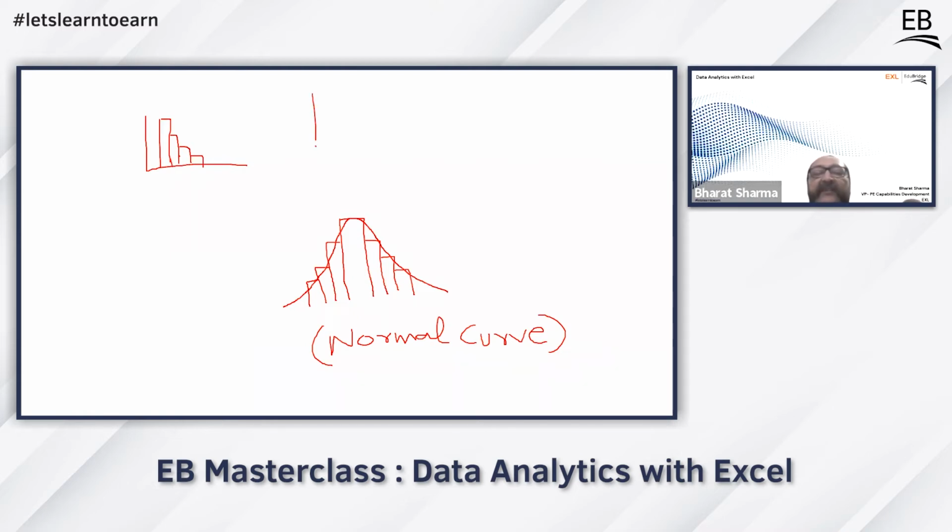You may have patterns where it shows nothing. Most of the bars are almost of equal size. This is called a flat histogram, and it shows you that your data has no pattern. This is called a tailed histogram. This is the right tailed. You can have a left tailed histogram, something like this.